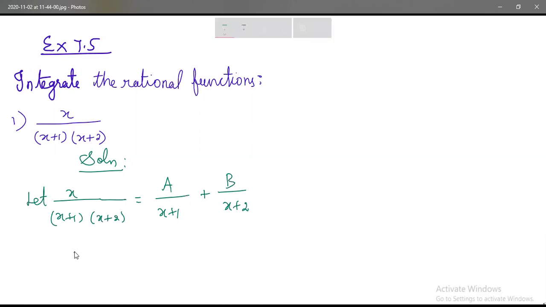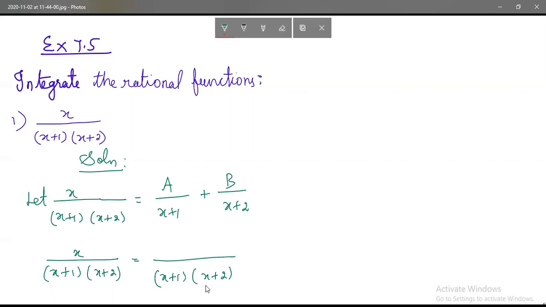So the left hand side remains the same, and on the right hand side you can just do the addition of fractions. If you have only two terms, you can just cross multiply.